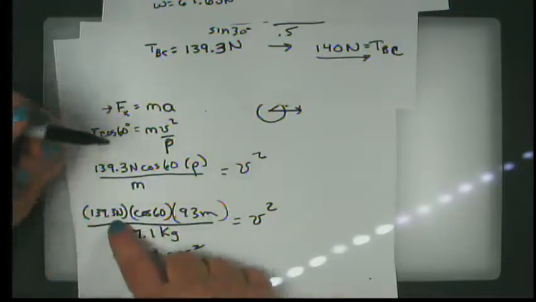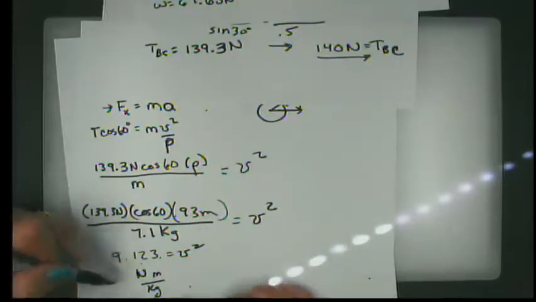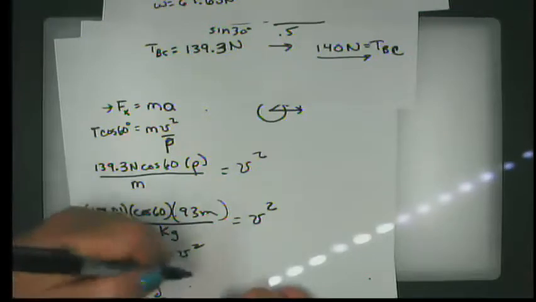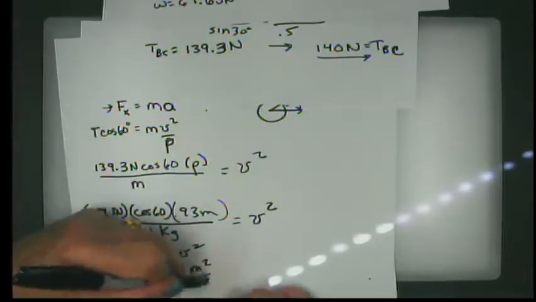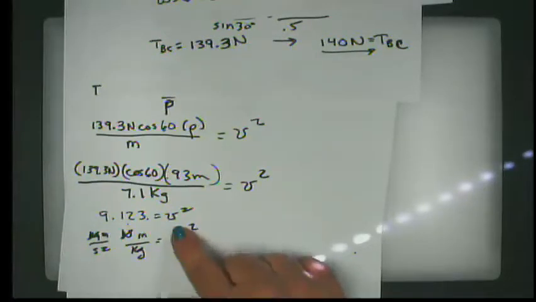We need to check out our units. So we have Newton meter per kilogram. I know from Newton's second law that a Newton is a kilogram meter per second squared. So I can put that in instead. Kilograms cancel, and I'm left with meters squared per second squared, which is a terrific unit for velocity squared.